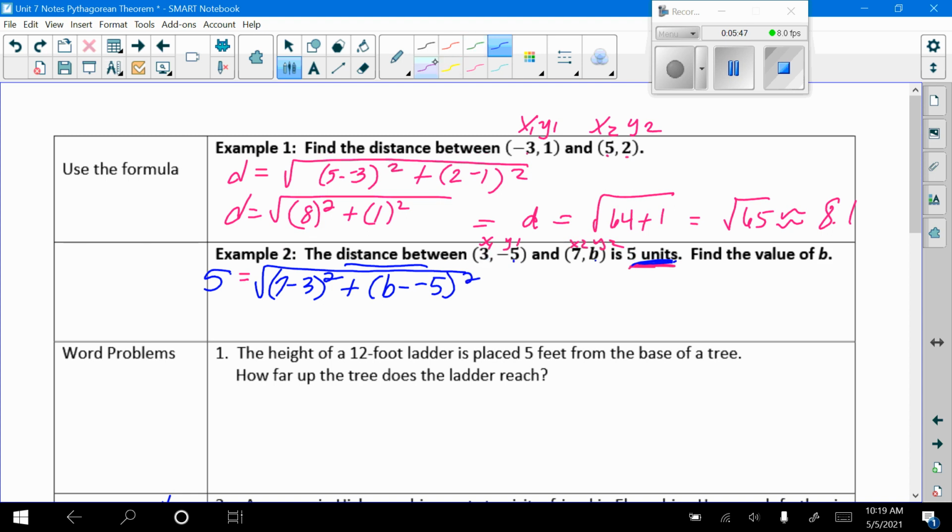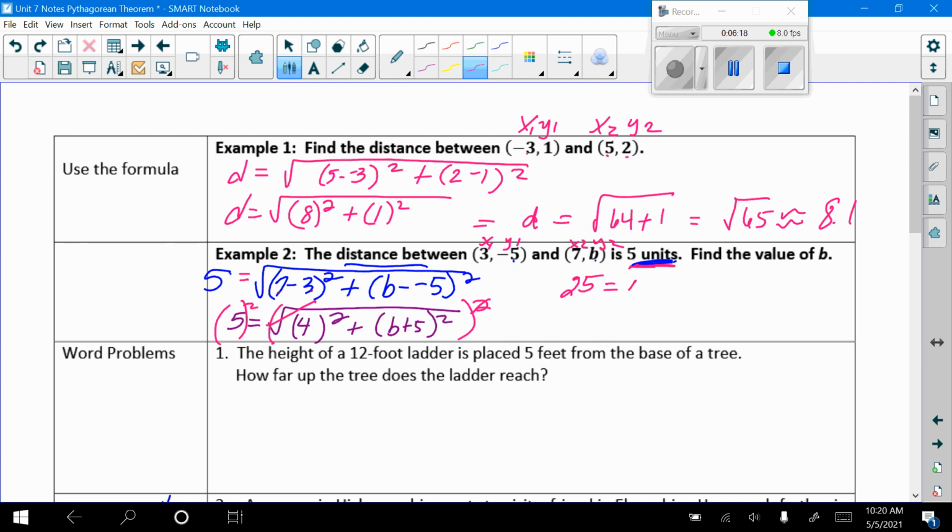So now back to solving equations. We really do need to be able to solve equations. So 5 is equal to the square root of, that's going to be 4 squared plus b plus 5 squared. Well, the only way to get rid of that big radical is to square the entire thing. So we're going to square both sides. So I end up with 25 is equal to, the square gets rid of this radical.